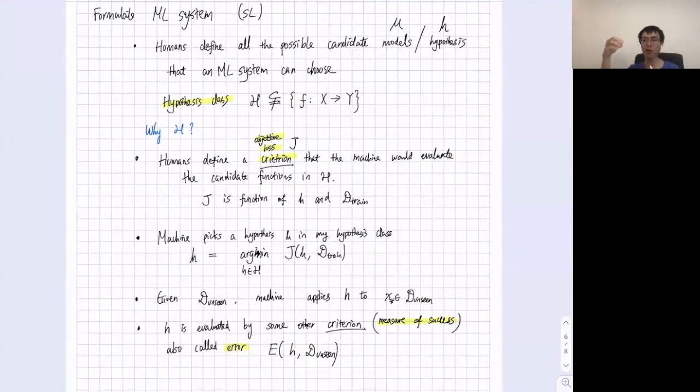So in this course, we only focus on the framework like this, okay? Humans give a hypothesis class and a selection criterion, and the machine learning system picks a function in the hypothesis class according to the training criterion, which is a function of the hypothesis as well as the training set.